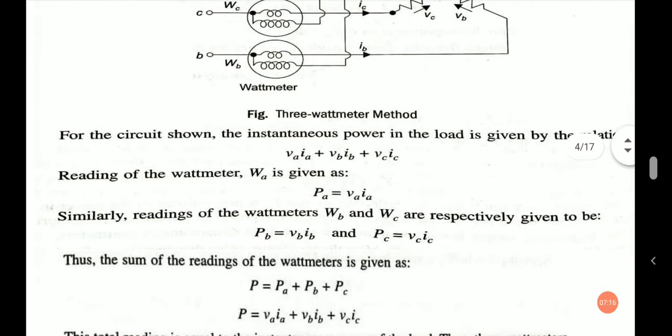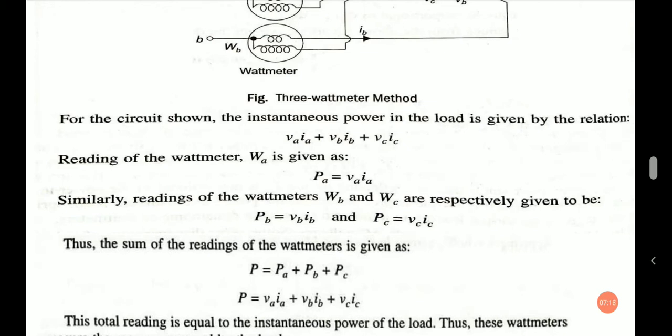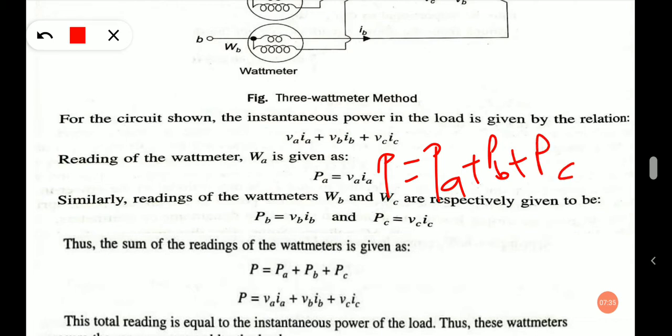Then the sum of the readings of wattmeters is given as, so total power is the sum of all three phases, that is PA plus PB plus PC, and we can replace PA by VAIA.